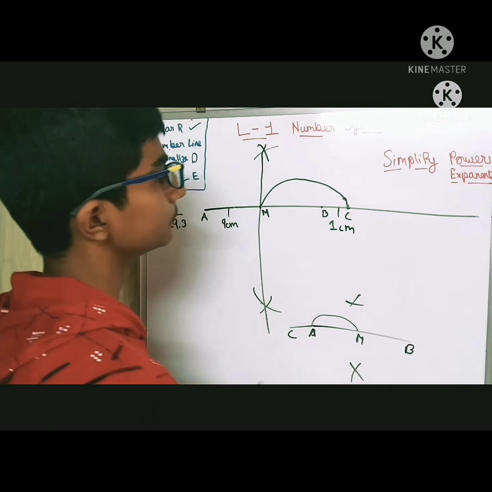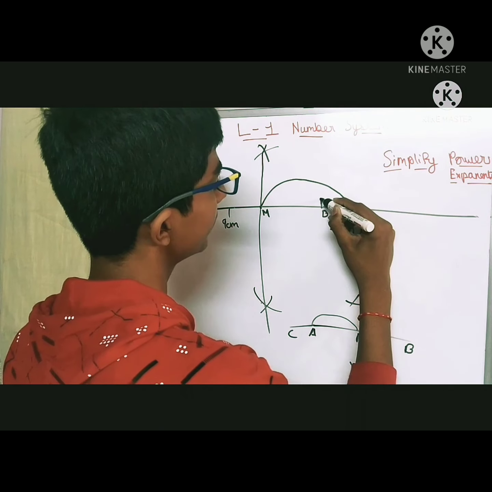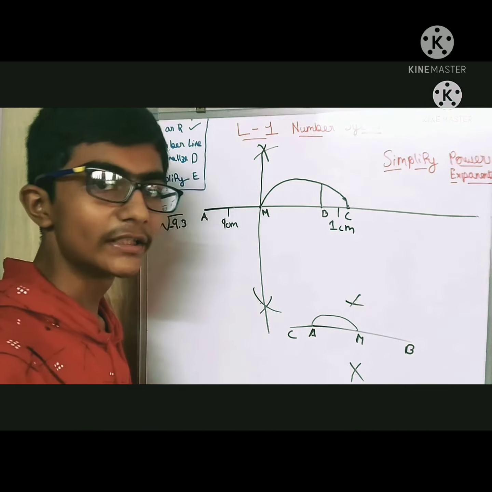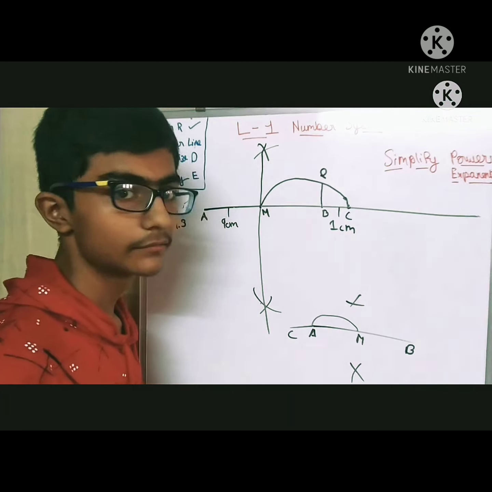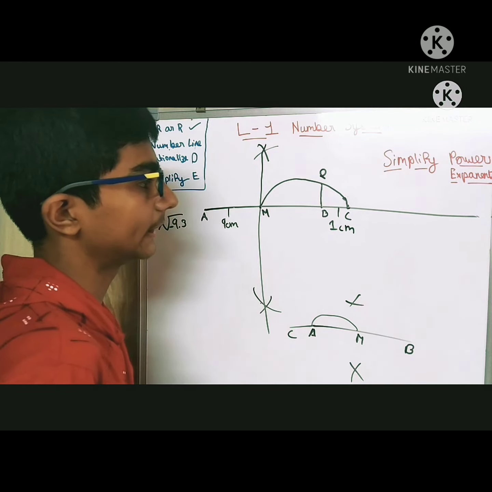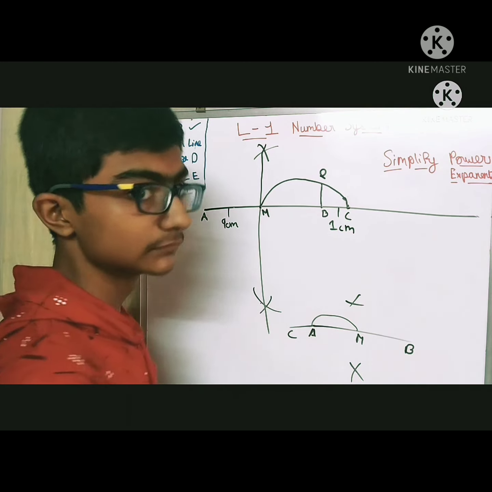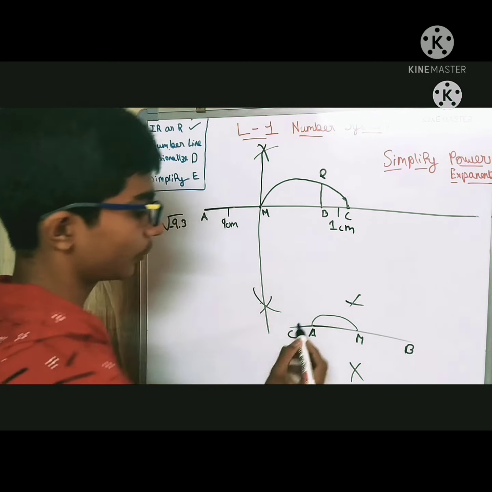Then what are we going to do? We are going to make a straight 90-degree line from point B and mark the intersecting point as whatever you want. I am just taking B right now, and then I am doing the same process here also.